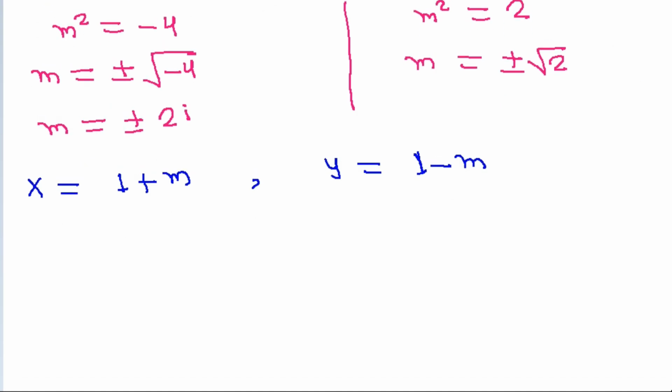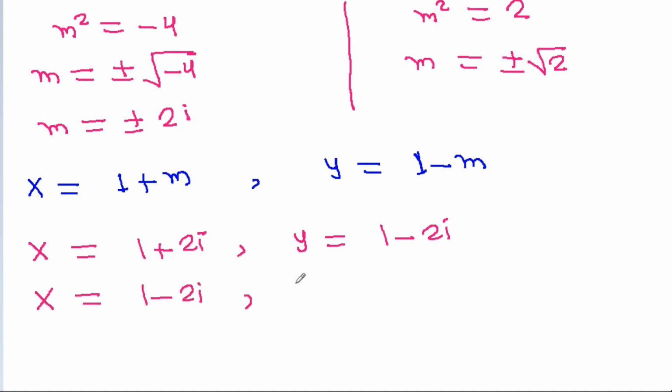So if m is 2 iota, then x will be equal to 1 plus 2 iota, and y will be equal to 1 minus 2 iota, and if m is minus 2 iota, then x will be equal to 1 minus 2 iota, and y will be equal to 1 plus 2 iota.